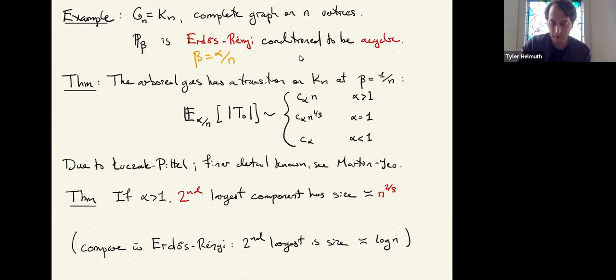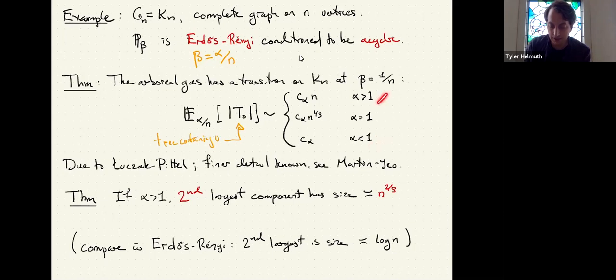And then there's the following theorem about what happens for the phase transition for the arboreal gas. Well, one, there is a phase transition. So if you look at the size of the tree containing some fixed vertex, so 0 is just some fixed vertex, and I look at its expected size, then I have a very clear transition. If alpha is less than 1, it's of constant size.